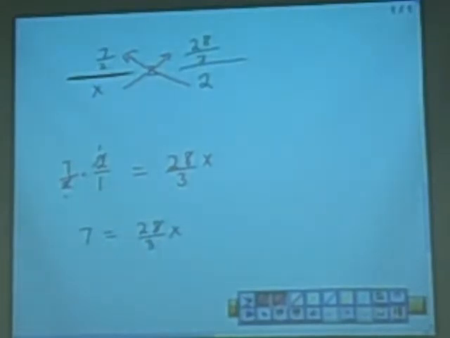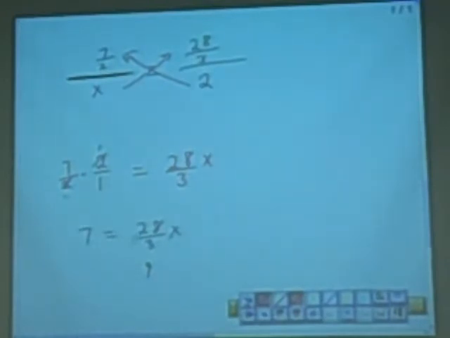Okay, now we've got to do something with this denominator, with this 3. Anytime you see a denominator like that, you want to get rid of it. Well, the 3 is doing what in relation to the 28 and the x? Is it adding, subtracting, multiplying, or dividing? 3 is dividing.